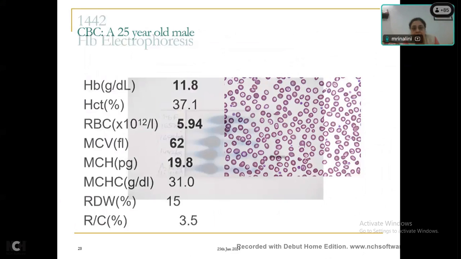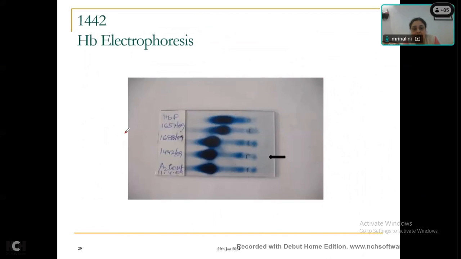So this is the HB electrophoresis, and you were supposed to interpret lane 1442. So what is your interpretation? In 1442, obviously HbA is present in significant quantities. Also in the HbA2 area, there is a slight increase. So from this, my interpretation would still point towards the beta thal trait.